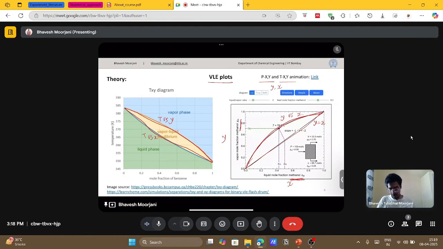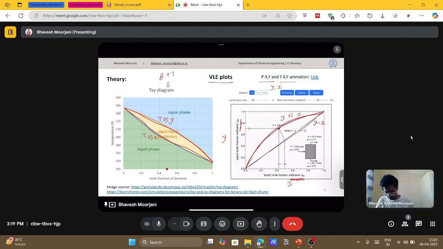So what does it denote? How can we differentiate what this plot means? Let's say you have a liquid mixture which has an equal mole fraction of benzene. Let's assume this is the diagram for benzene and toluene.